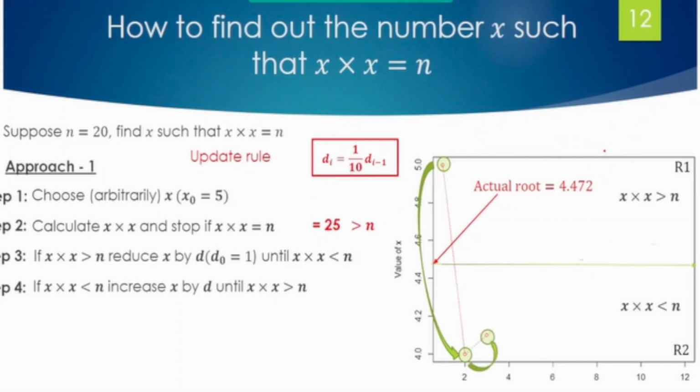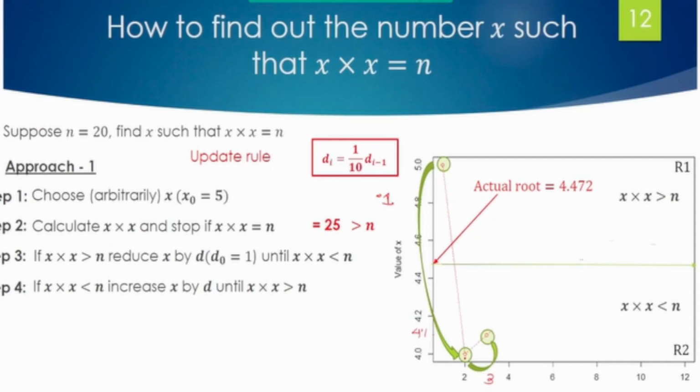So if we proceed, in iteration 3, I am at 4.1. Now you need to increase it further, right? So here you can use the same d, that means the 0.1 which we have just used. We need to update the value of d when we shift the zone.